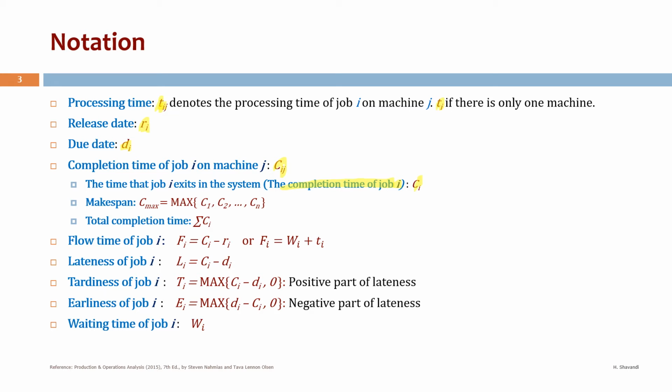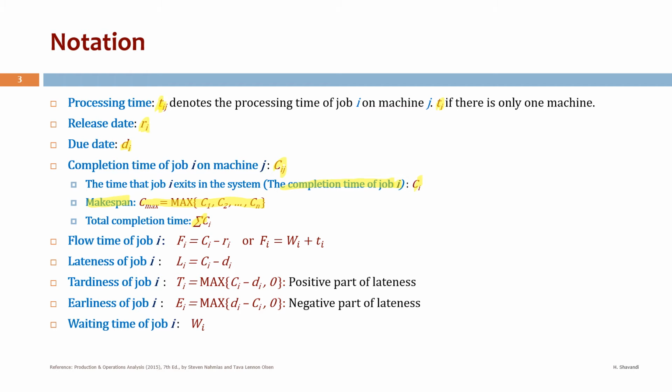The makespan is defined as Cmax, the maximum of C1 to Cn. If we have n jobs, we take the maximum completion time among the n jobs, and that will be the makespan or Cmax. The total completion time will be the sum over Ci.